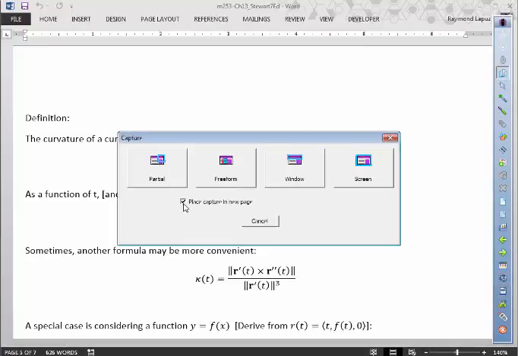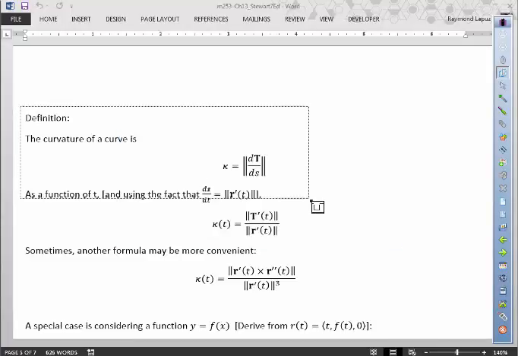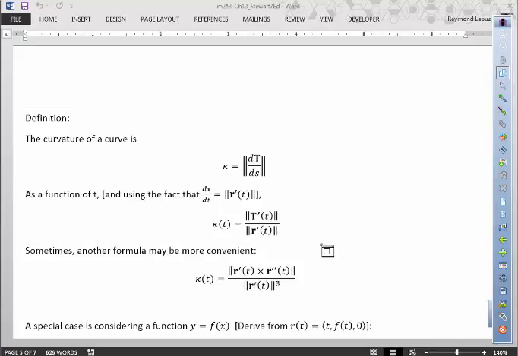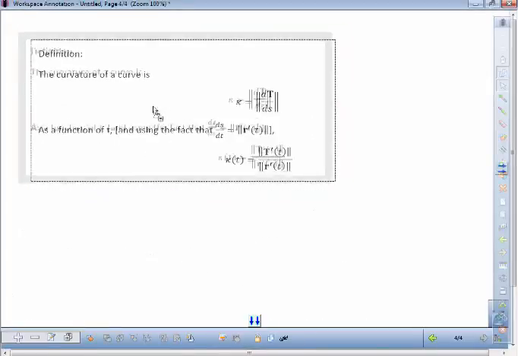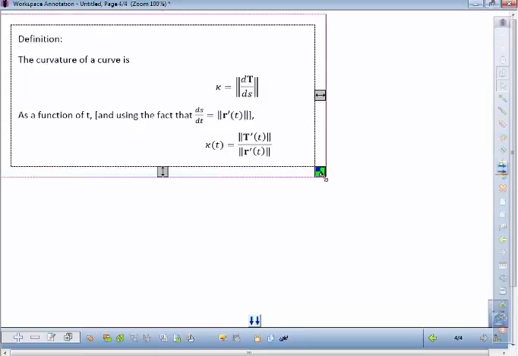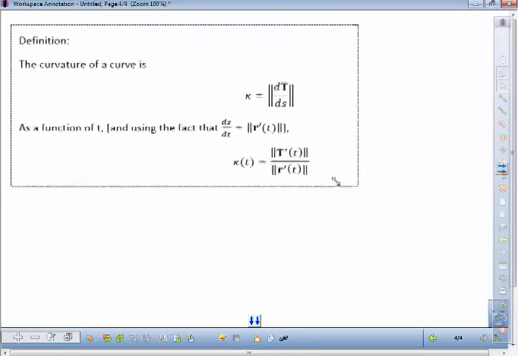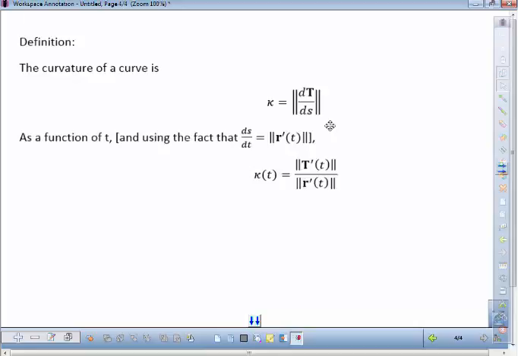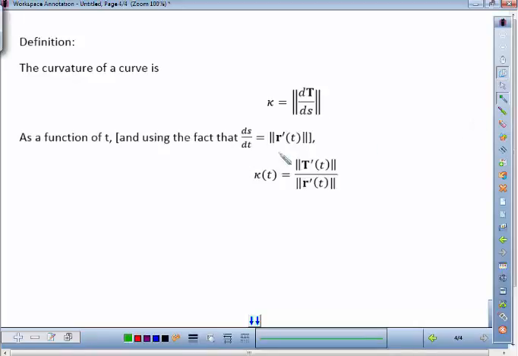Now, I've mentioned that the whole idea of figuring out the arc length is kind of difficult and hard to deal with, so this first definition is not a very good working definition for us. It turns out that this other definition is a better working definition.